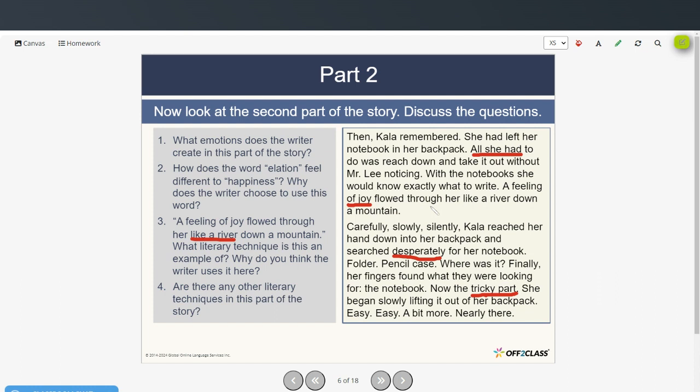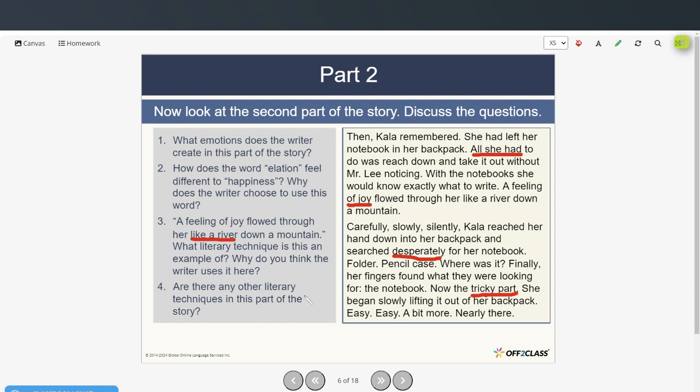Well, when she remembers, she's happy, but it's also fairly calming. You know, she'd been panicking because she didn't know what to write. And then suddenly she remembers, like, oh, I have these notes. And she's happy, but also it allows her to maybe just relax a little bit and think there might be a way out of this problem.